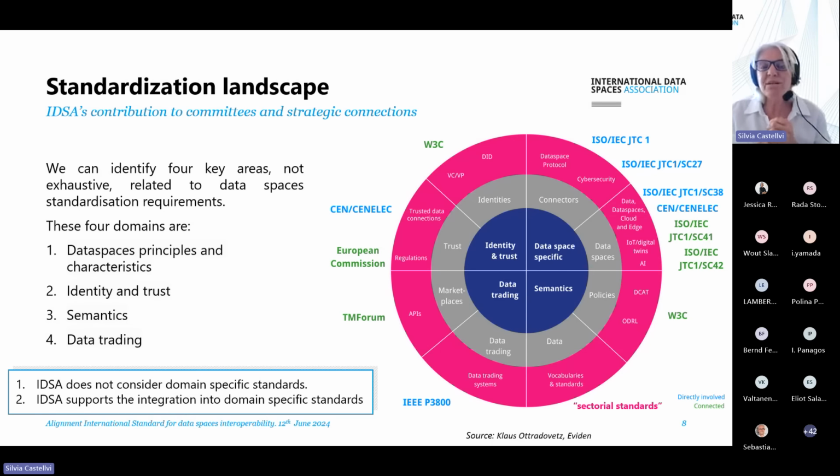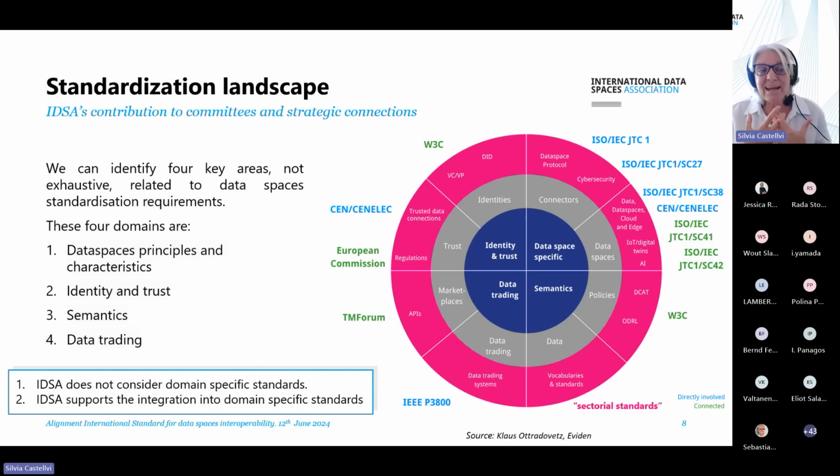But also we have strategic alliances or connections with other standardization committees, with people that are directly participating, also with the European Commission on all these four aspects.